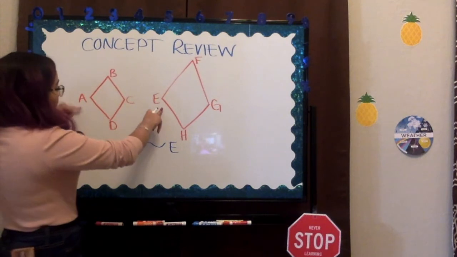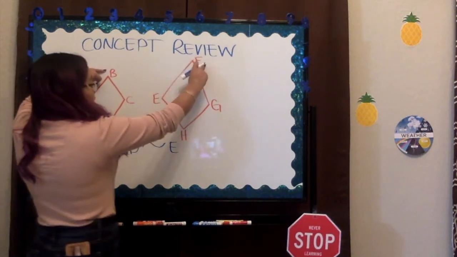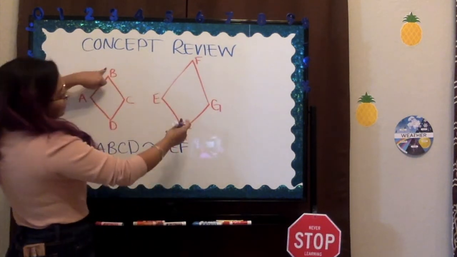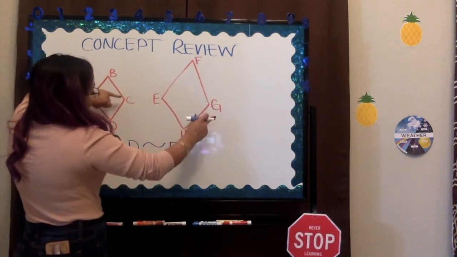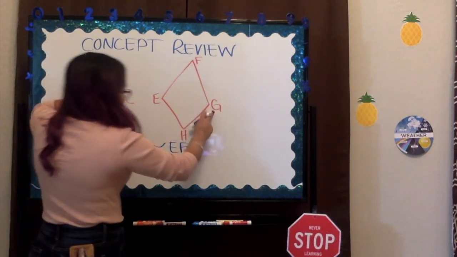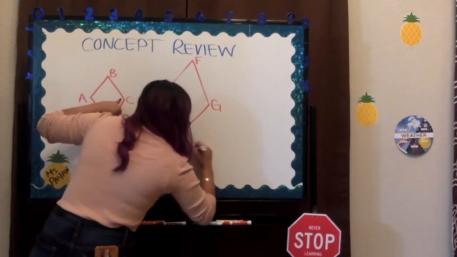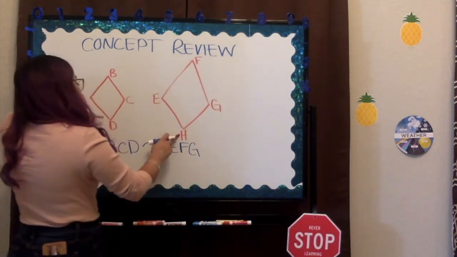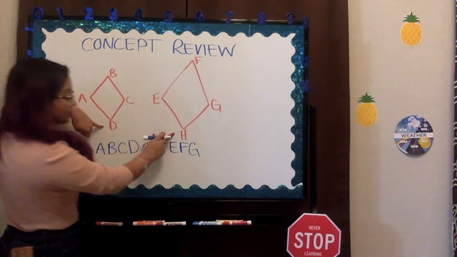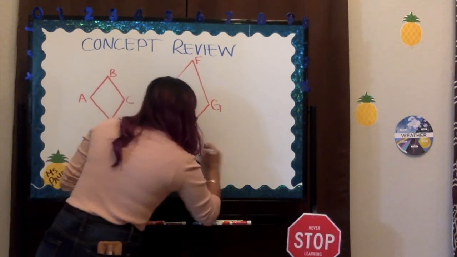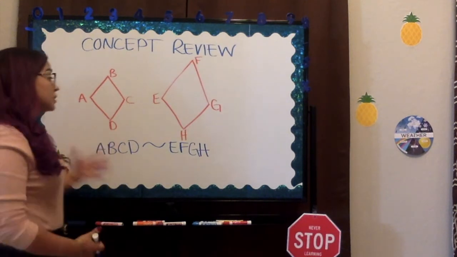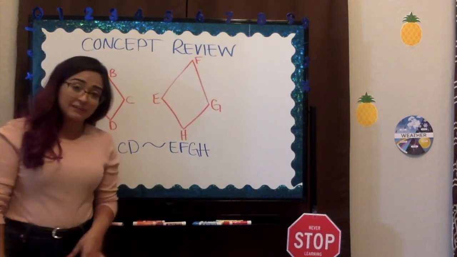Then we wrote B, which is on the top, and here on the top, we have F, so we will follow that up by F. Then, here we have C, we have G on the same side, so that follows, and we finish off with H on the bottom, just like we have D on the bottom on this side, okay? Like so. And that is how you write these corresponding similar figures, okay?